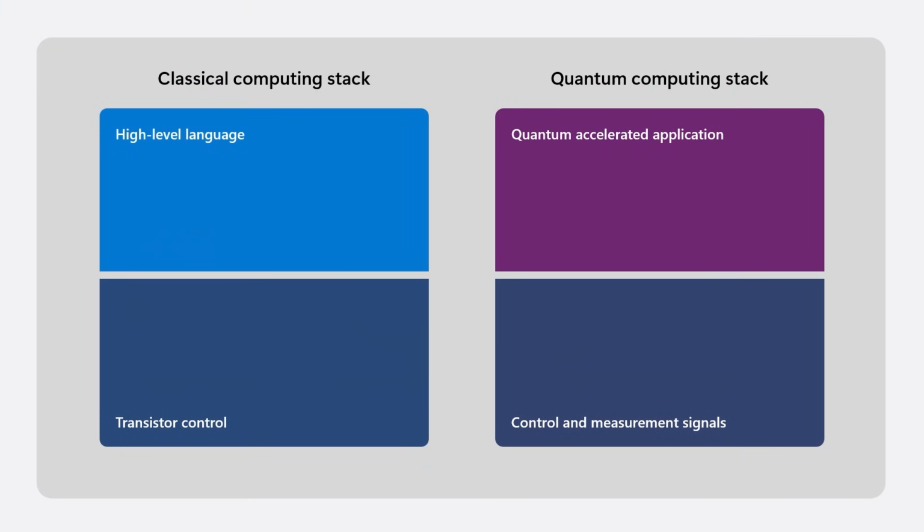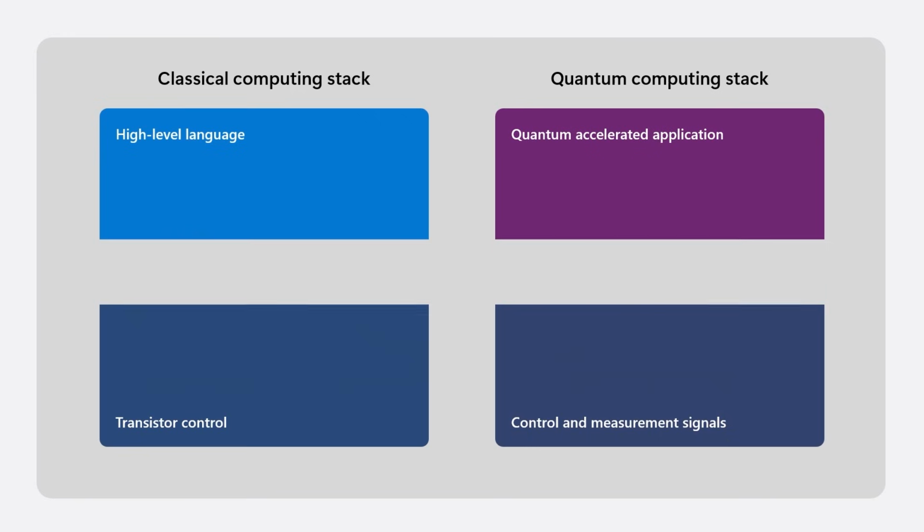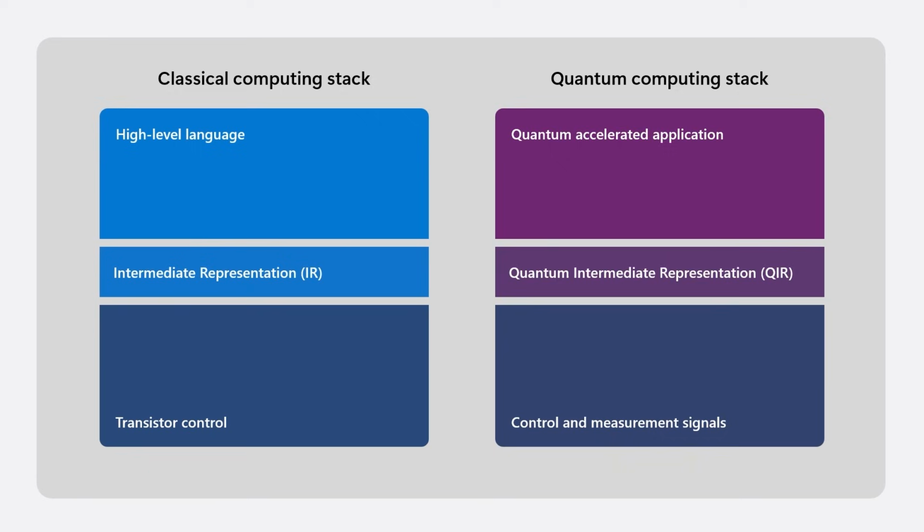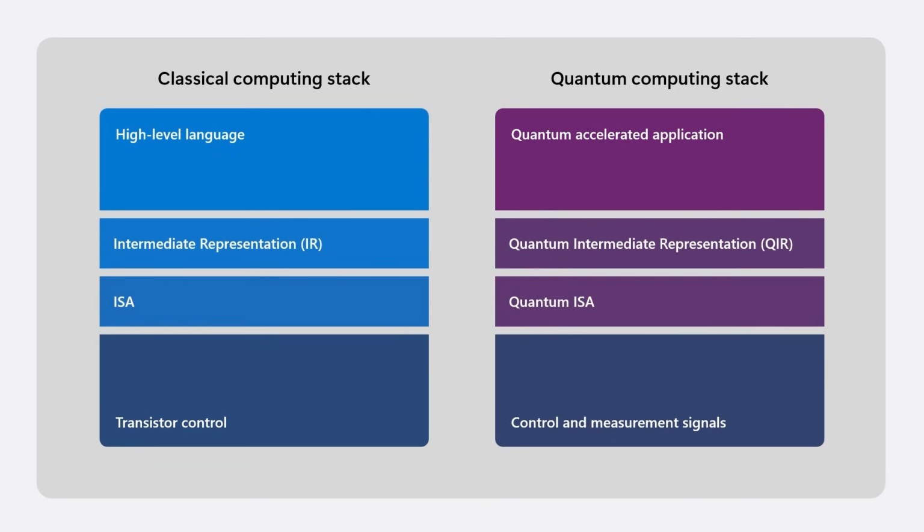So we have to go through the full stack from the application on top to the physical control signals at the bottom. That is again very similar in the classical case on the left and the quantum case on the right. We start with a program in the high-level language, we compile it down to an intermediate representation, and then to the executable written then in the instruction set of either the CPU or the quantum computer.